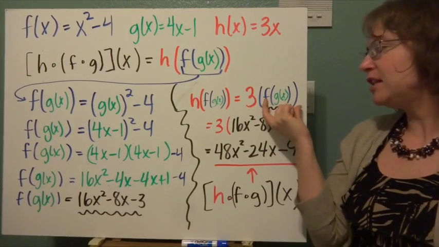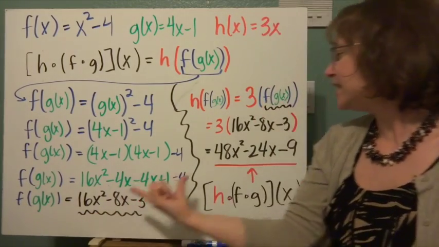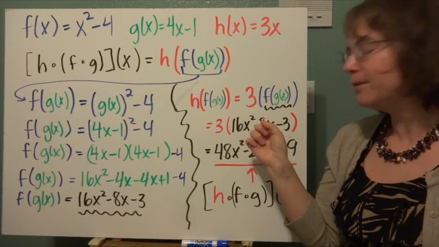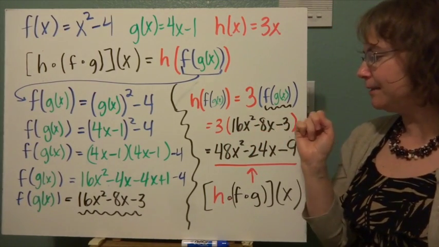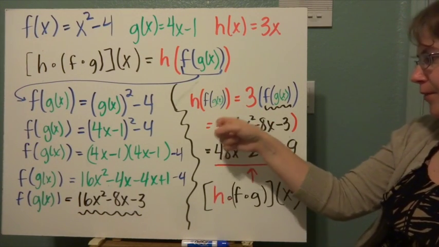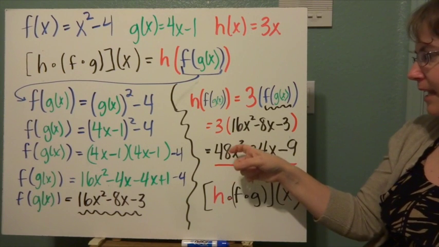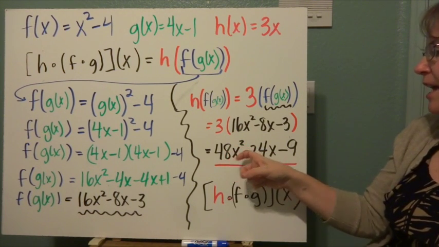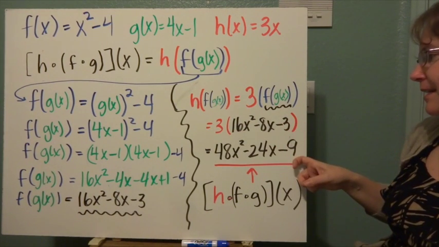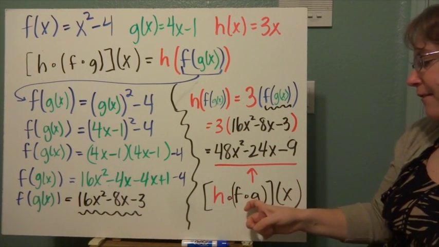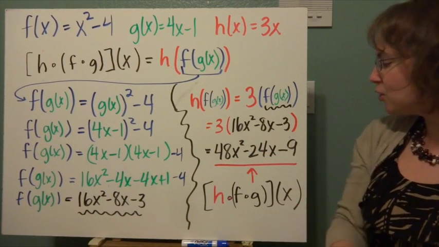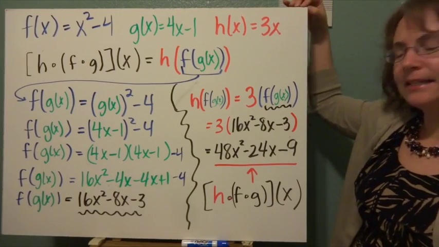So I substitute this value in: 3 times 16x squared minus 8x minus 3. Distributing the 3, 3 times 16x squared is 48x squared, minus 24x minus 9. So h of f of g of x is equal to 48x squared minus 24x minus 9.